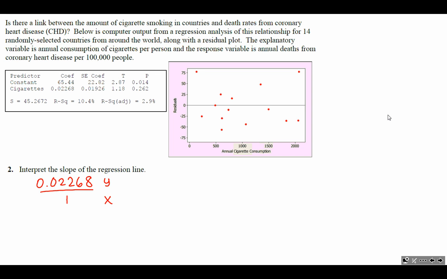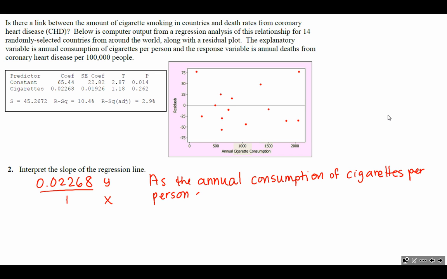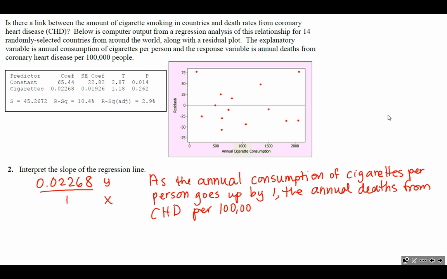So x is our annual consumption of cigarettes per person. So as the annual consumption of cigarettes per person goes up by 1, the response variable, the annual deaths from CHD, the coronary heart disease, per 100,000 people, goes up by 0.02268.